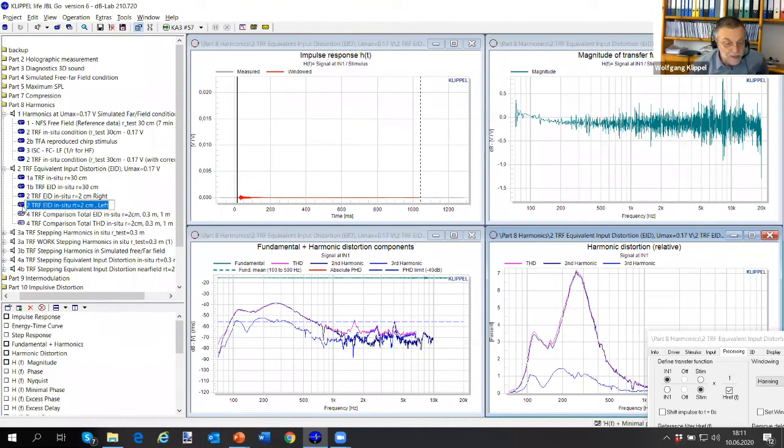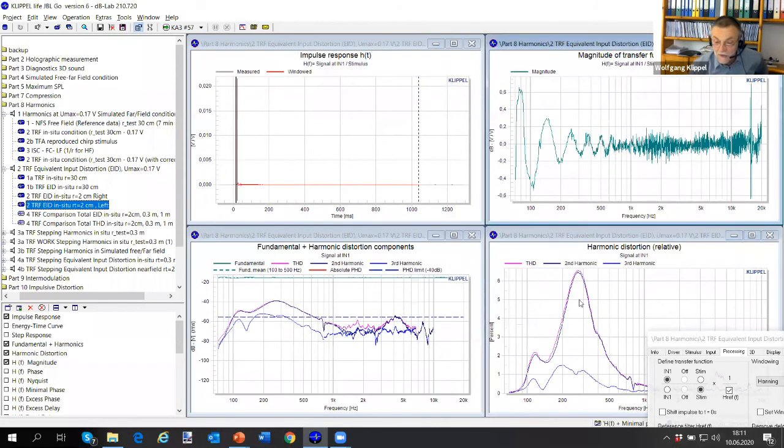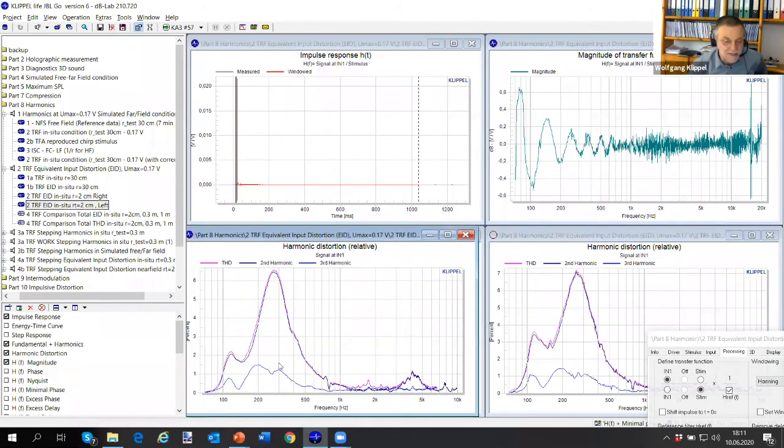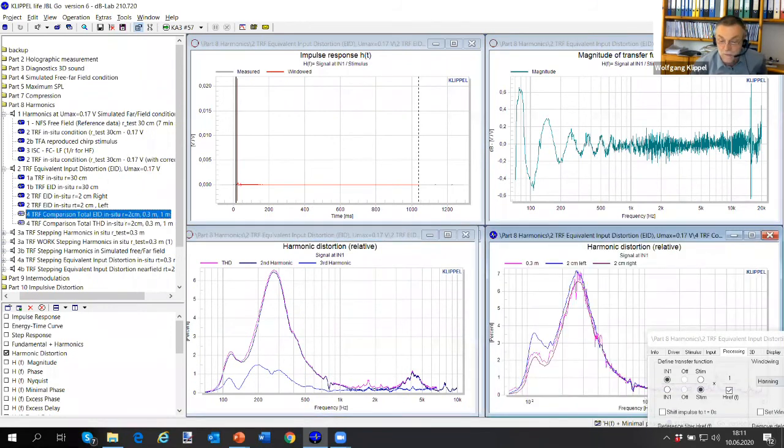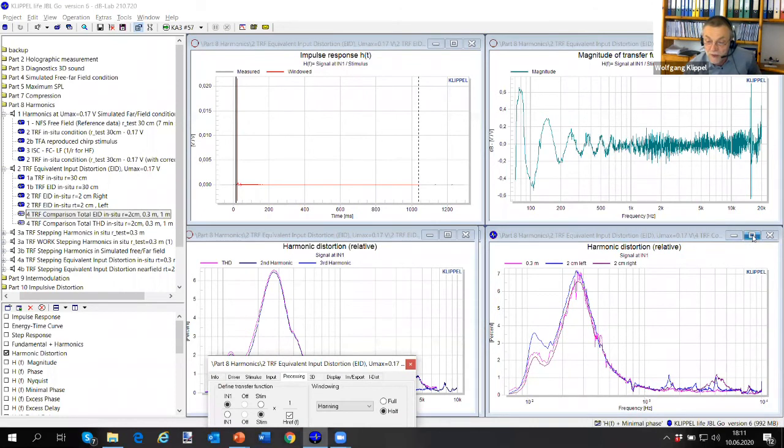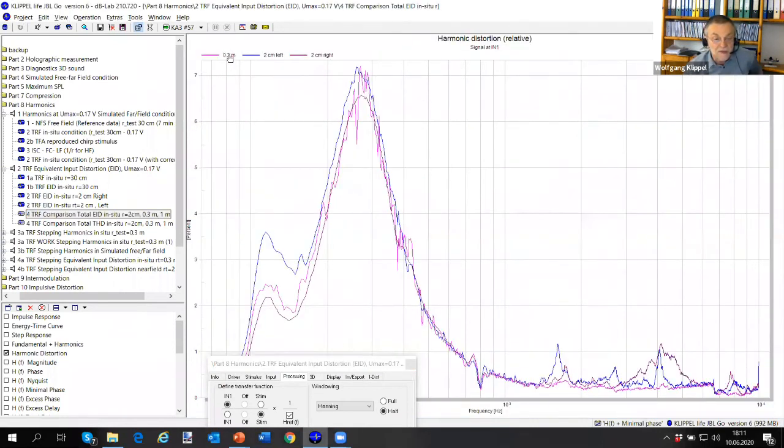If I click on that, here you see the curves are almost identical, but there are minor differences. For you, I have placed all the curves in one chart, and I make it large. Here you see the distance of 30 centimeters is a little bit more noisy, but at 2 centimeters we get quite nice curves. But look at higher frequencies.